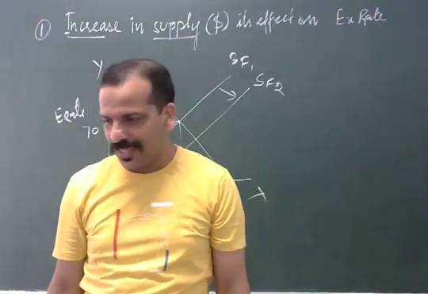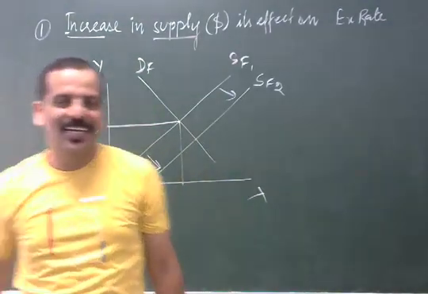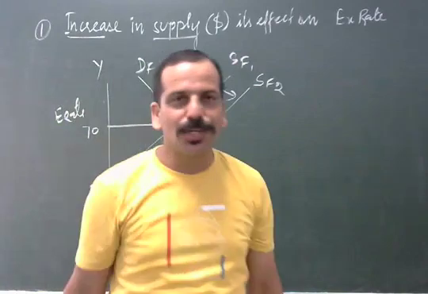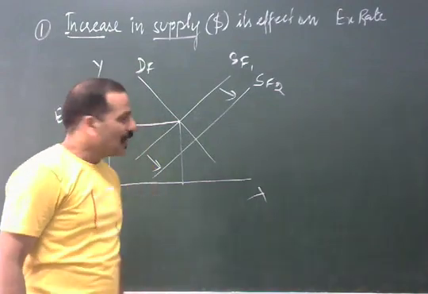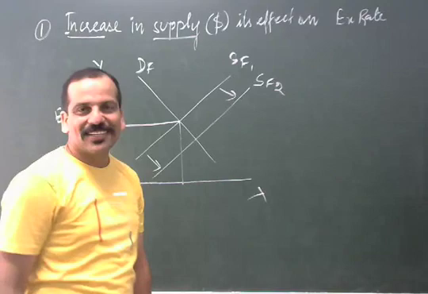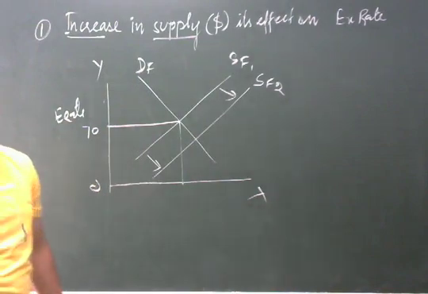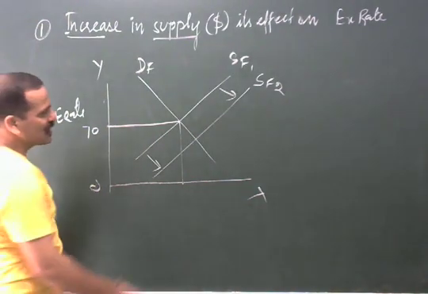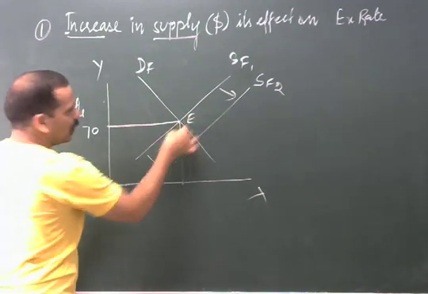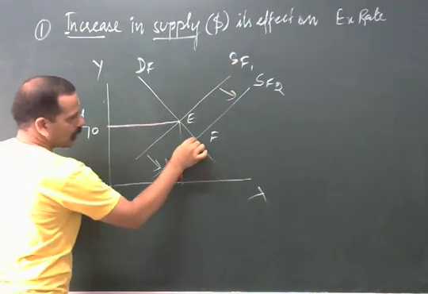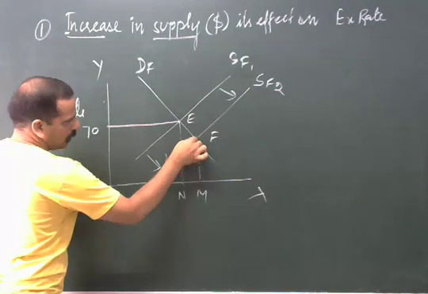Please recheck: left or right? Right side. The supply will shift to the right side. Now this is the initial equilibrium, and now the new equilibrium is at this point.